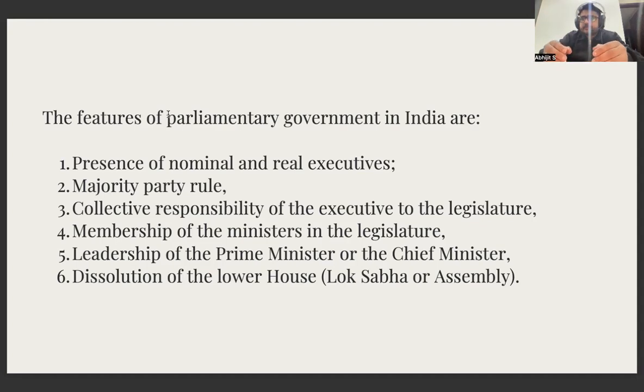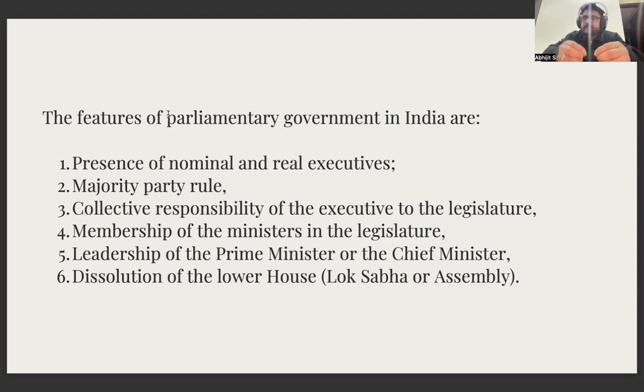So if no member of the parliament, or no political party in the parliament is able to prove their majority, then the lower house would be dissolved and new elections would be held, which is also an example of the parliamentary form of government, which will not be present in the presidential form of government.